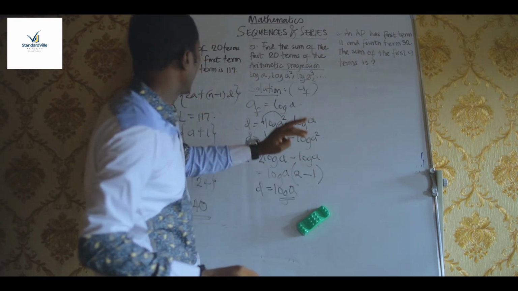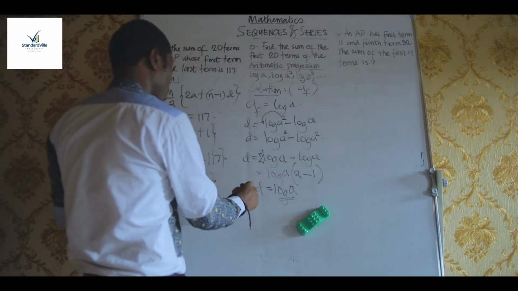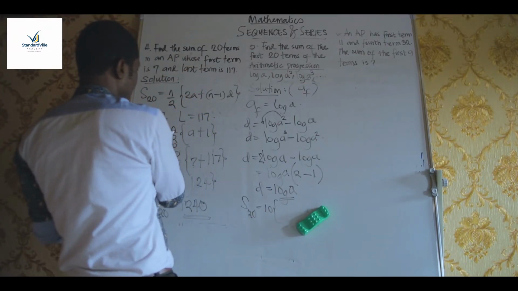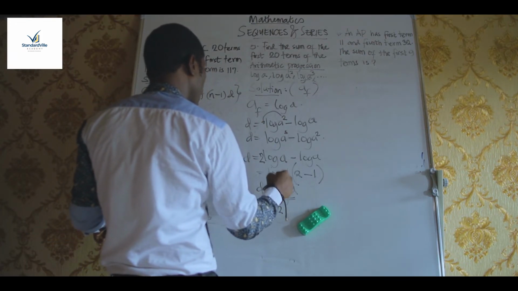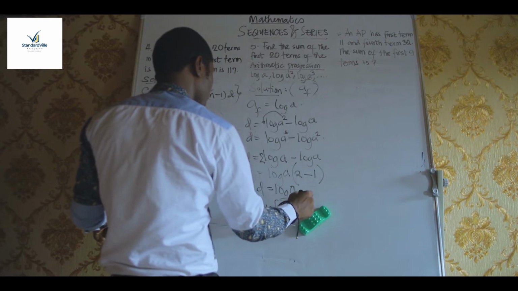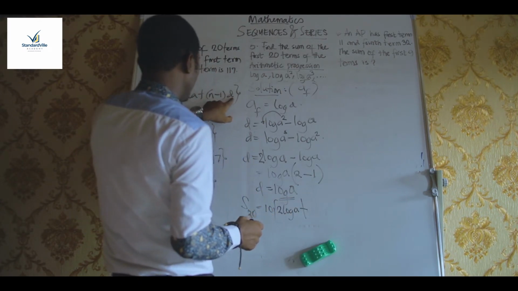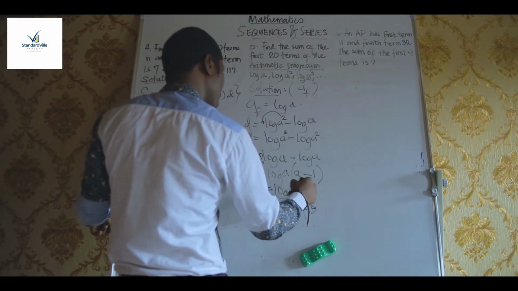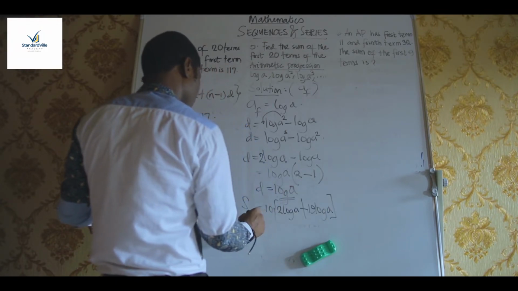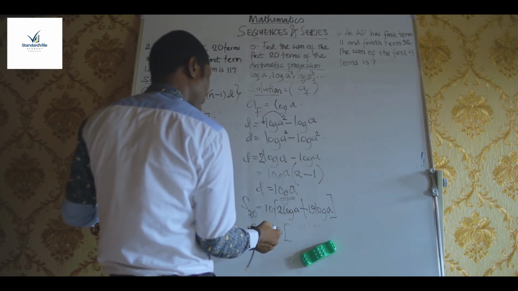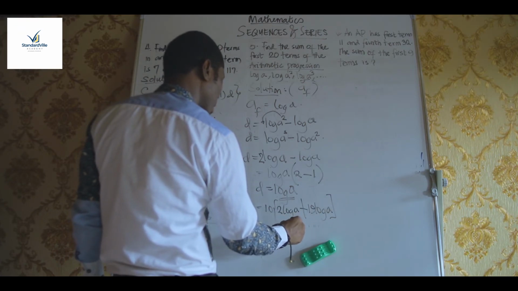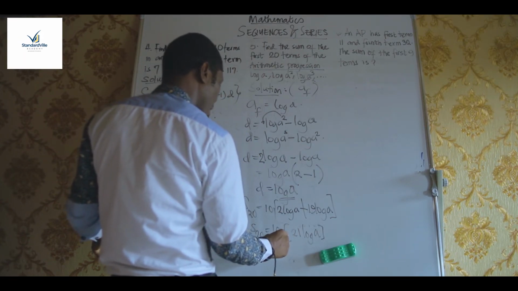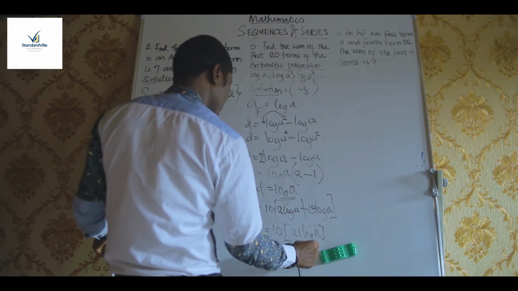So A is log A, and D is log A. To find the sum of the first 20 terms, S20 is equal to 20 over 2, which is 10, into 2A, that is 2 times log A, plus n minus 1 D. n minus 1 in this case is 20 minus 1, 19, times D, 19 log A. So S20 is equal to 10 multiplied by 2 log A plus 19 log A, which is 21 log A. Now if I multiply it, I'll have 10 times 21 is 210 log A. This is the answer.